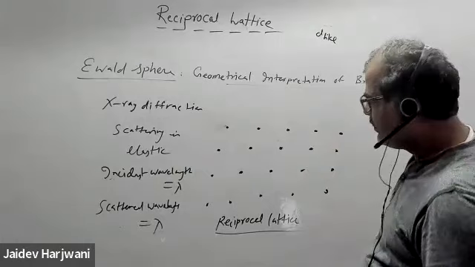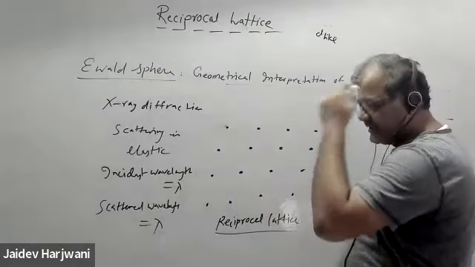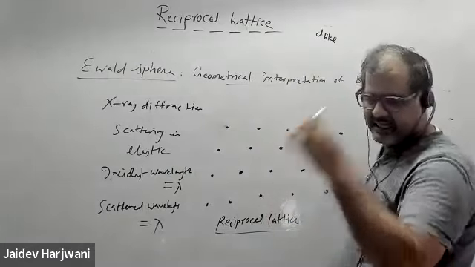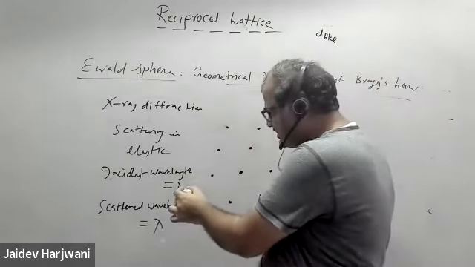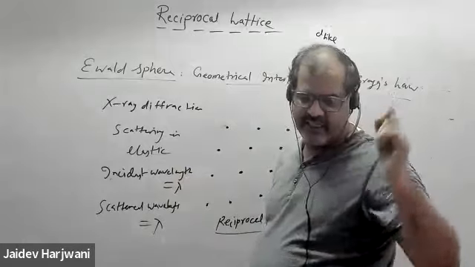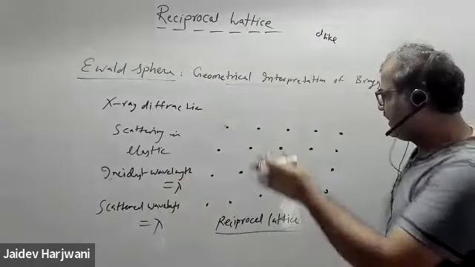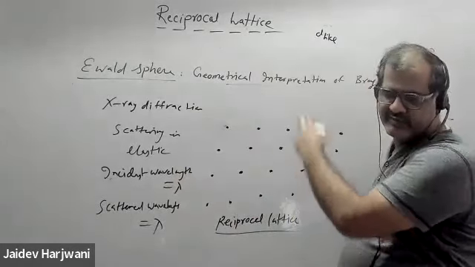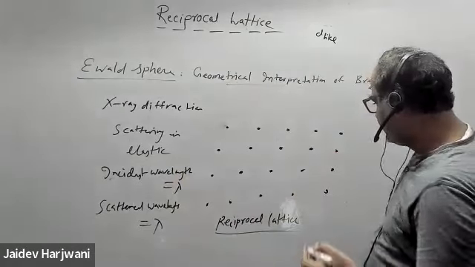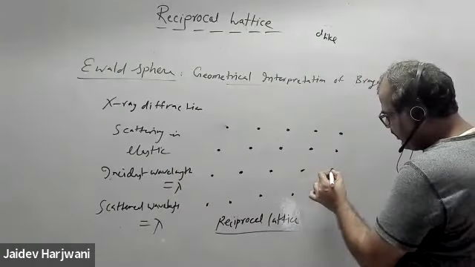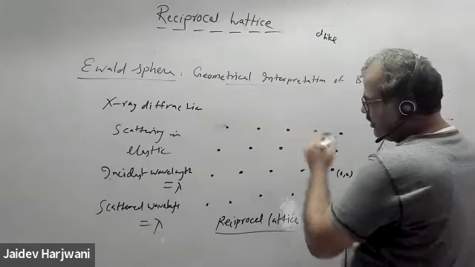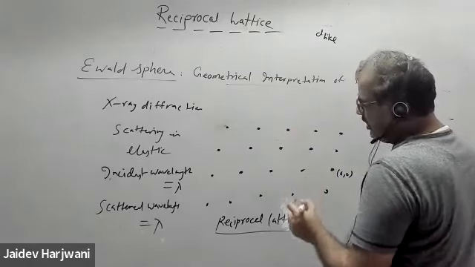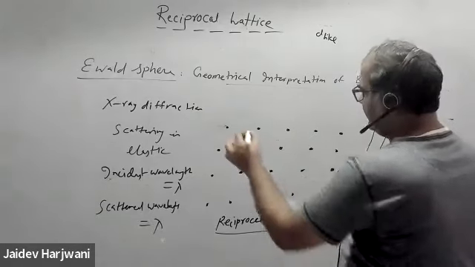Now suppose I am incidenting a monochromatic X-ray of wavelength lambda on that crystal, and I have the reciprocal lattice of this direct lattice also. So what I can do, I can consider any point as an origin, and I can plot a sphere of radius 1 by lambda.